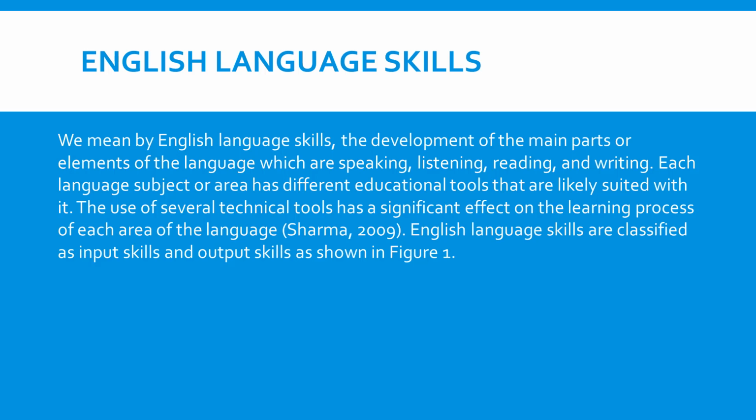Each language subject or area has different educational tools that are likely suited with it. The use of several technical tools has a significant effect on the learning process of each area of the language. So, English language skills are classified as input skills and output skills, as shown in figure 1 on the following page.